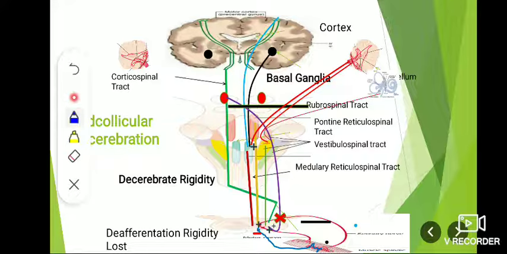So this experiment indicates that when we remove the afferent sensory nerve in a decerebrate animal, where influence is coming from the cortex and basal ganglion, rigidity is lost, meaning it was acting on the gamma motor neuron, because the gamma motor neuron works through the sensory nerve only.